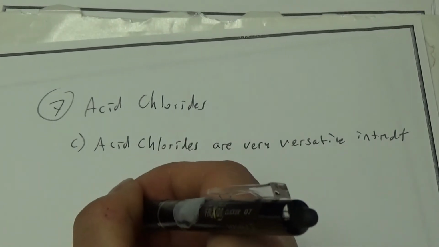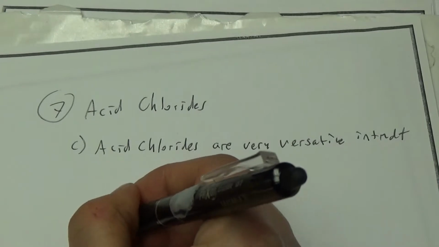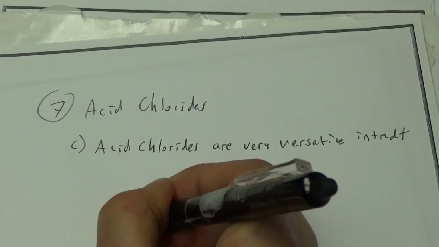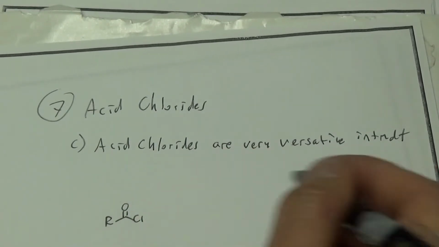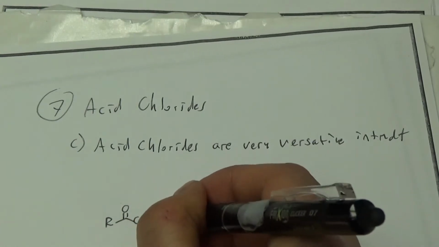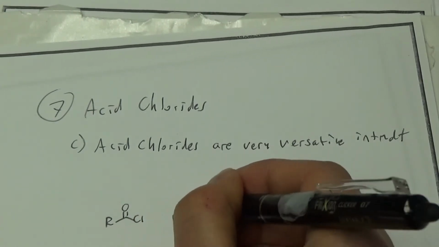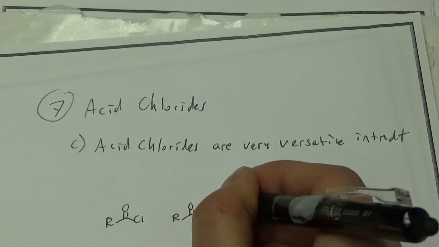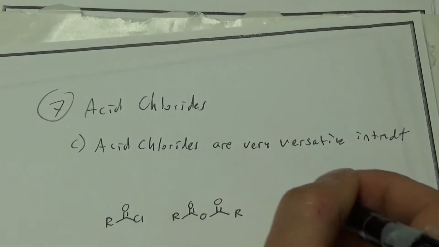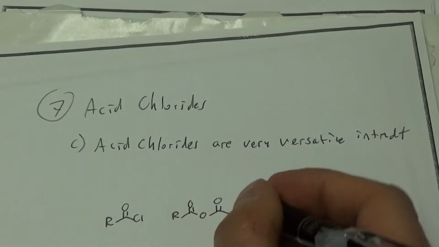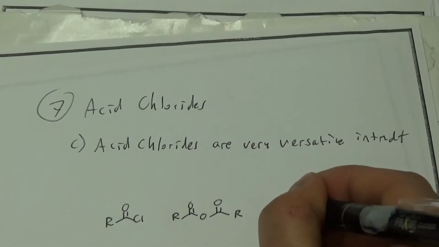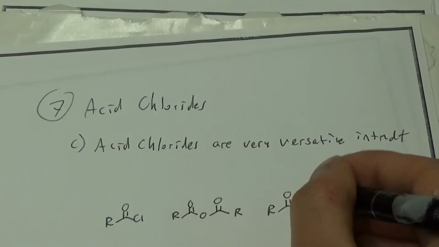So by that I mean, if I have an acid chloride, and now we're going to go through our list of those derivatives again, which you should basically commit to memory. Right, that was acid chloride, anhydride, ester, and this order is important.